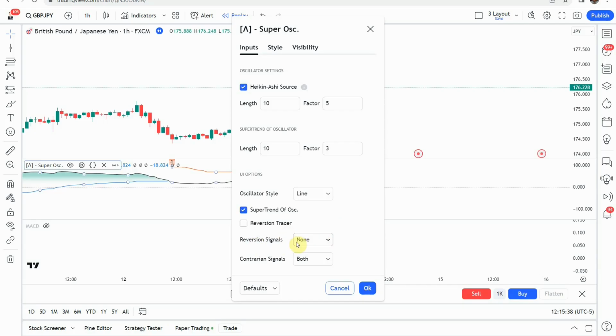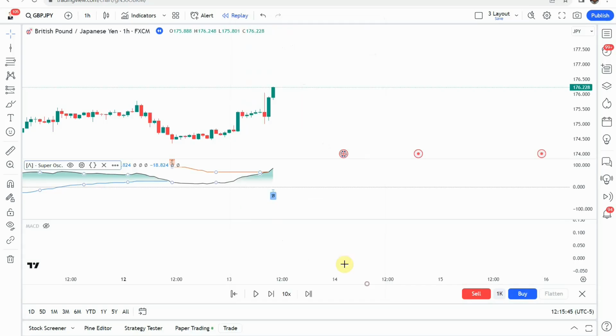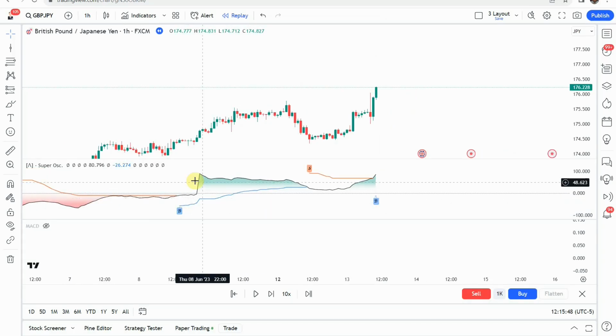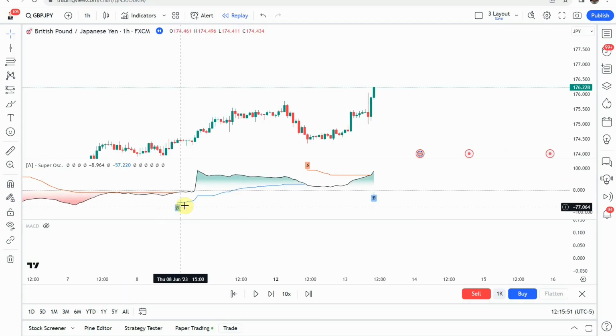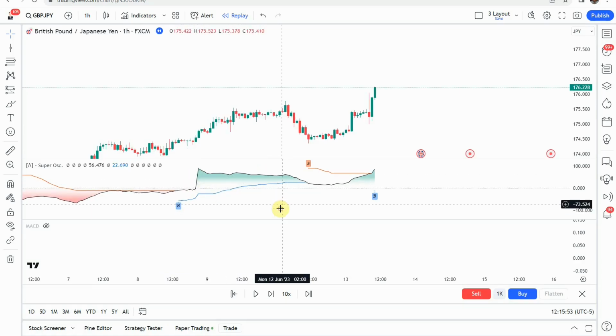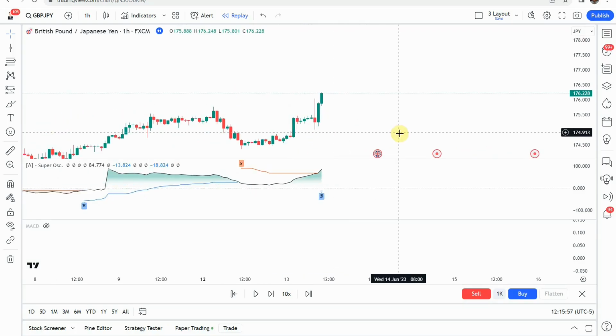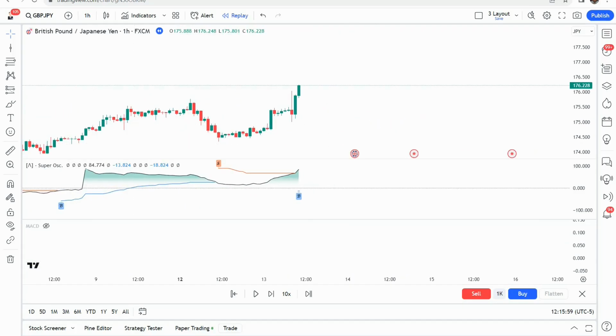The reversion signals you'll have none, and the contrarian signals you will have on both. And that will give you what you see here on screen now. So basically a new SuperTrend, and you'll have a SuperTrend of this new SuperTrend, and it will then be giving you buy and sell signals, which we will look at here in just a moment.